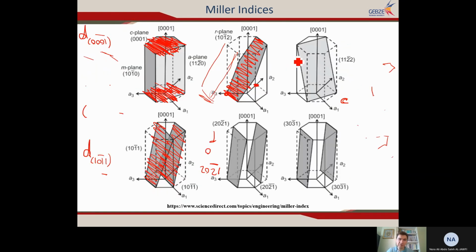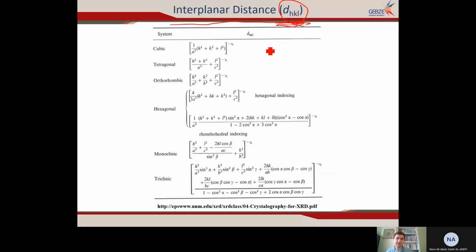And let me continue. For cubic crystals, as we have discussed during the last lecture, the HKL number can also be written like this: 1 over d squared equals H squared plus K squared plus L squared over A squared.